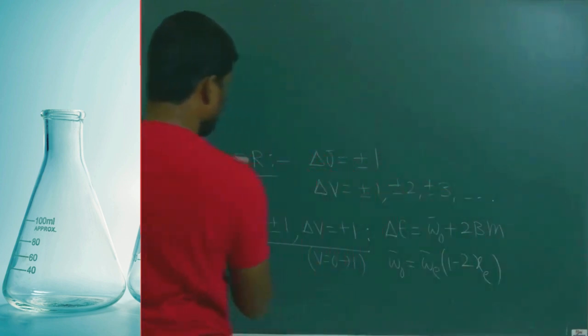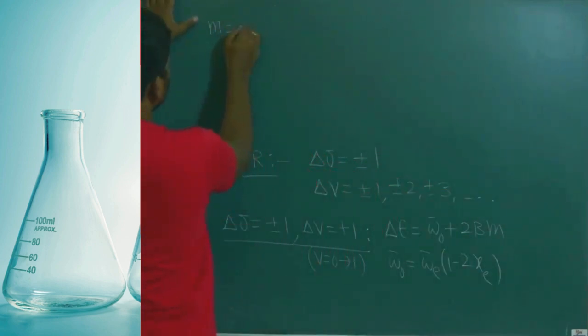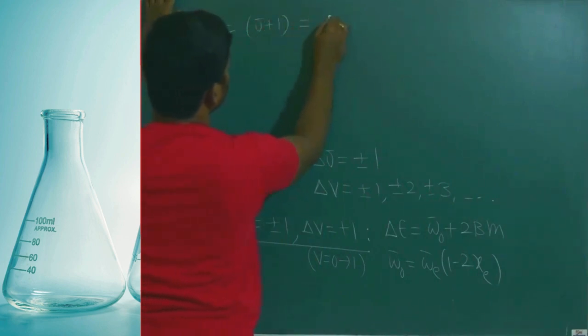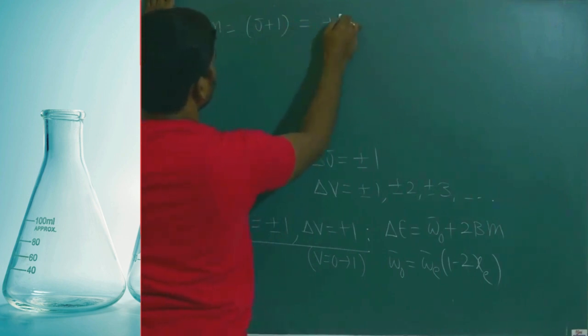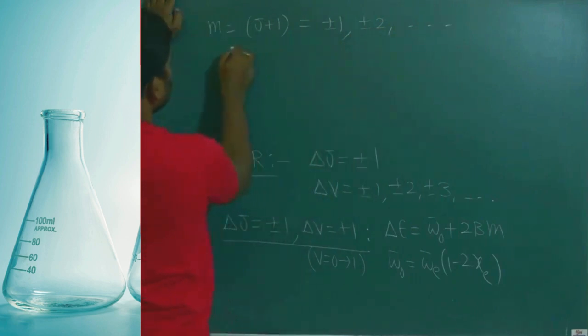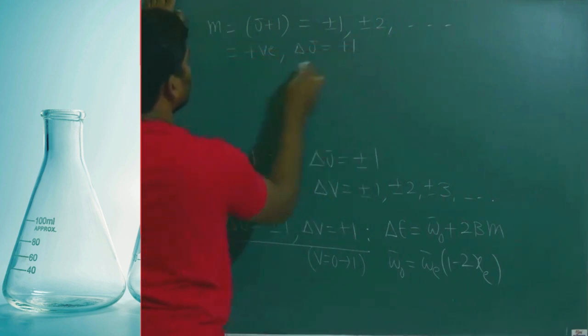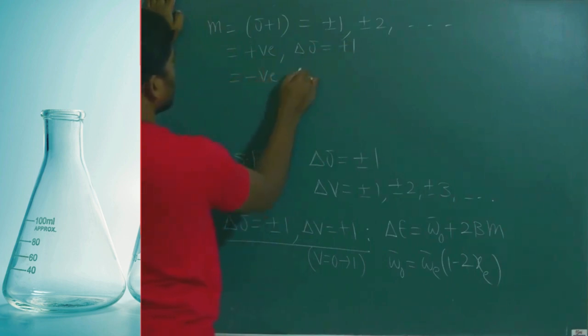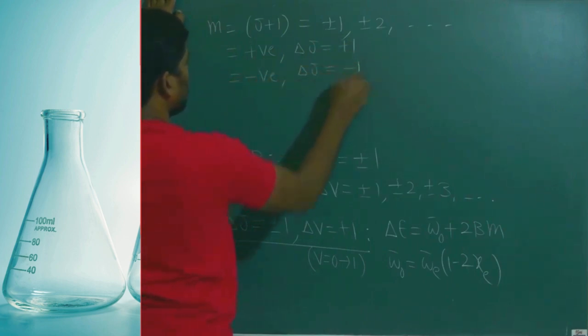What is m? The possible values for m are plus or minus 1, plus or minus 2, and so on. M values will be positive if delta J is equal to plus 1, and m values will be negative if delta J is minus 1.